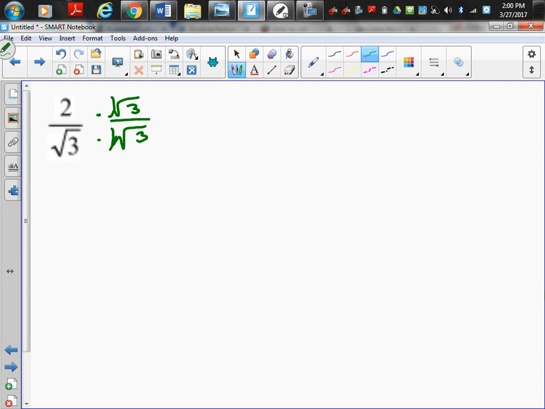Alright, so I'll multiply the outside. 2 times 1 is 2. And then I'll multiply what's on the inside of my square root. What's under this one? A 1. This is the same as 2 times the square root of 1. So 1 times 3 is?